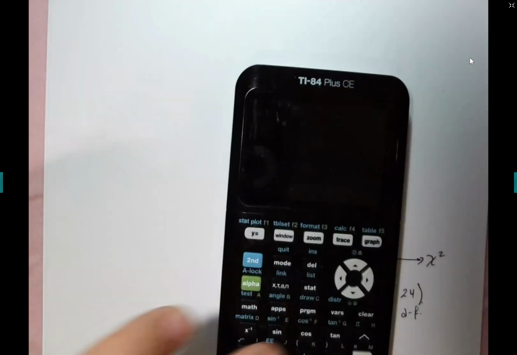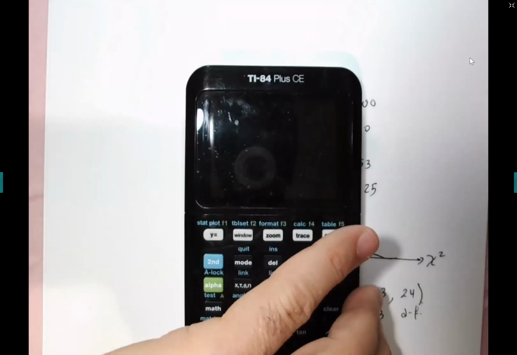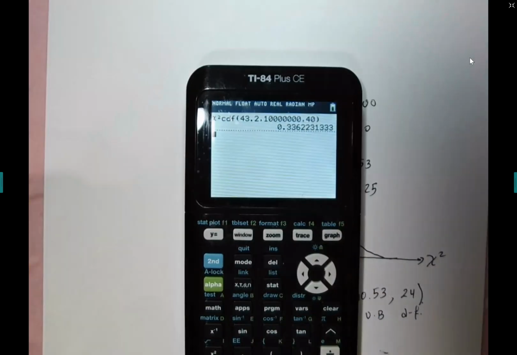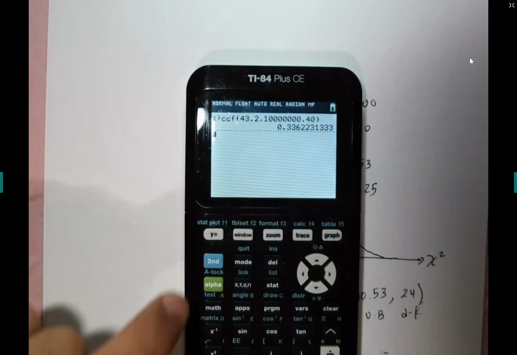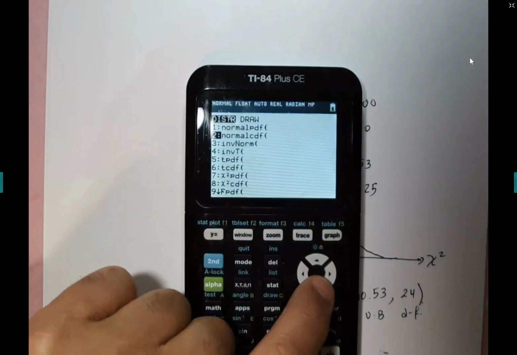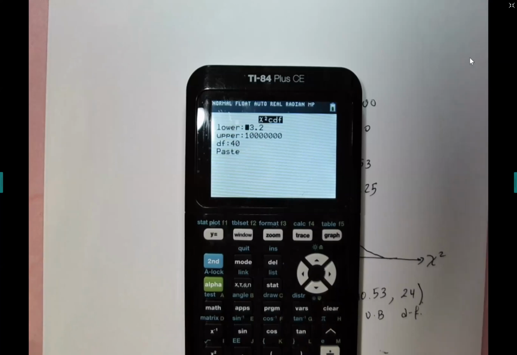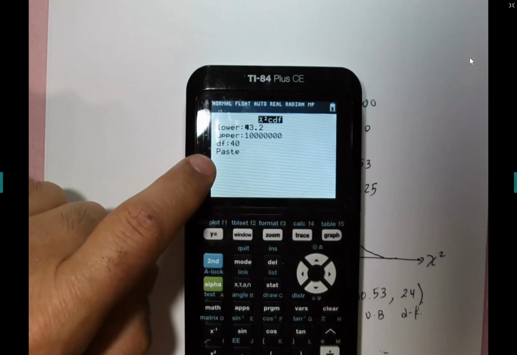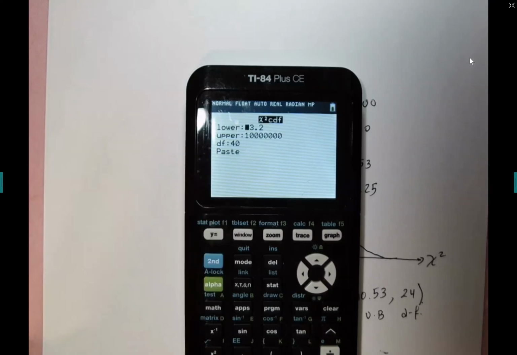Take a note or take a screenshot of what I'm doing. You're going to see the screenshot in my handout as well. I'll walk you through it before I even start chapter 8. You just press 2nd, distribute, and go to chi-square CDF, press enter, lower bound, upper bound, degrees of freedom, paste, and then you should get the p-value.